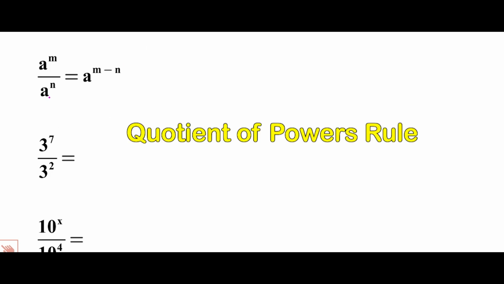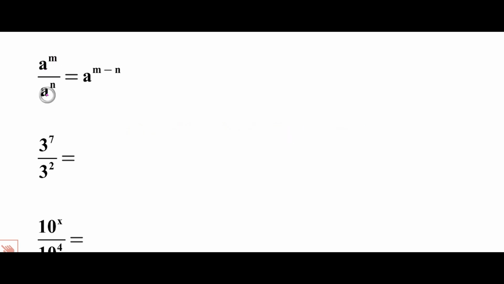Property 2. Quotient of powers rule. A to the power of m over a to the power of n equals a to the power of m minus n. It means when we divide powers with the same base, we subtract the exponents. For example, 3 to the power of 7 over 3 squared equals 3 to the power of 7 minus 2, which is 5, equals 243.